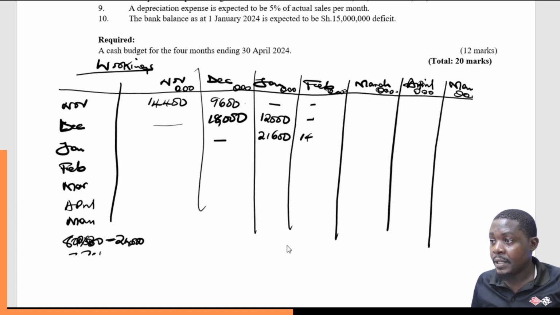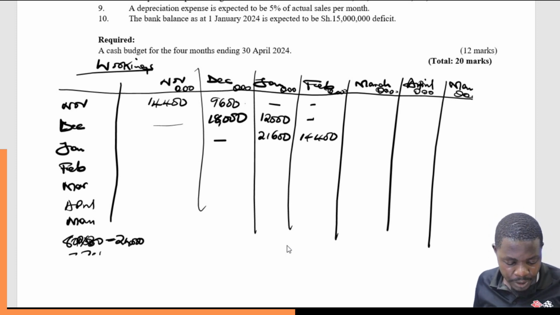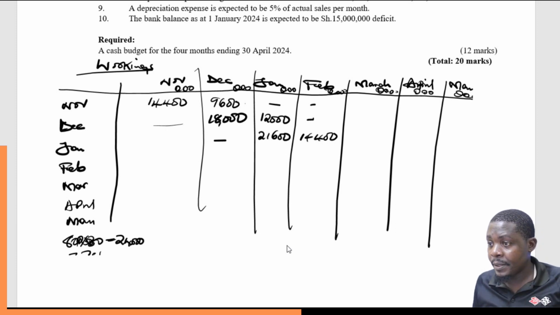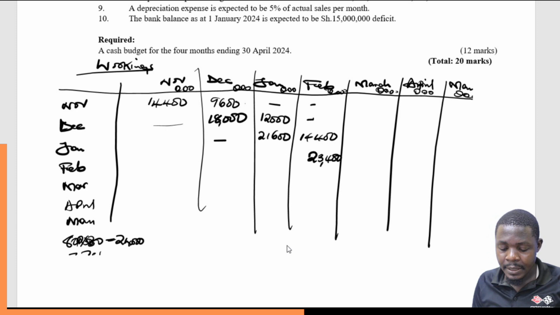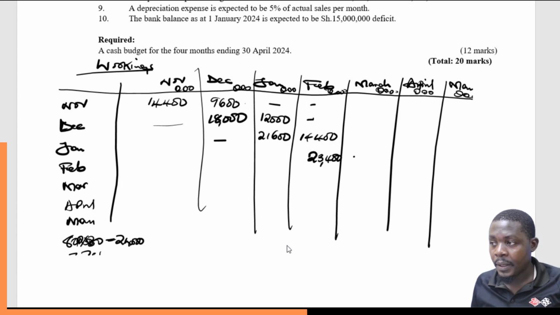That is 14,400. Let's look at the sales we made in February. In February, we had 1,300. We multiply by 30, 39,000. Now we take 60% of this. 60% multiplied by this one, in February, we had 23,400. Then the balance, that's 39,000 minus the answer. We have the balance of 15,600 was paid in March.